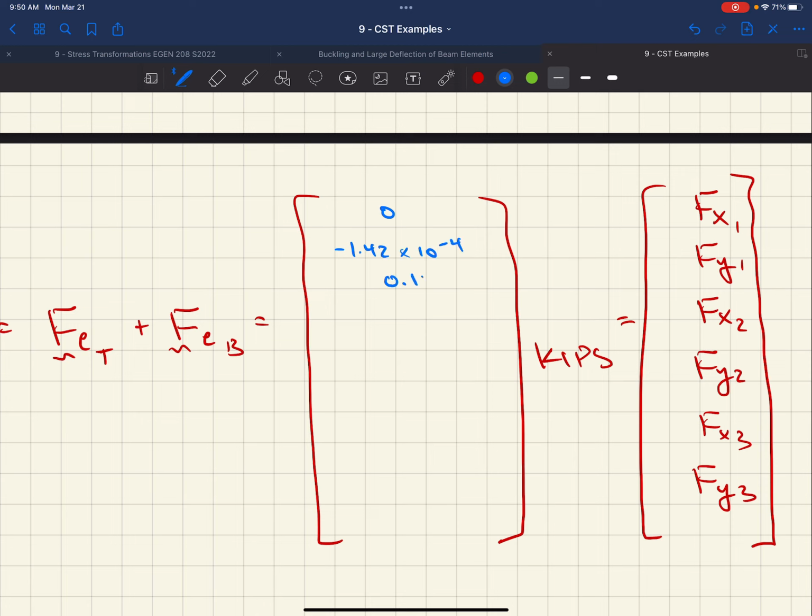We have 0.15, the force in the x direction at node 2. So we have negative 1.42 times 10 to the negative 4th, 0.15, negative 1.42 times 10 to the negative 4th, 0.15, and negative 1.42 times 10 to the negative 4th.